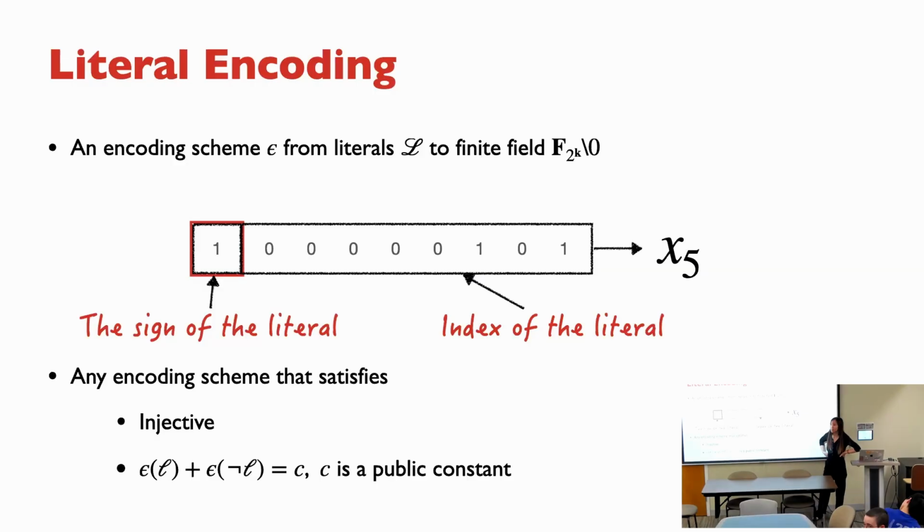So the sign here is whether or not you should apply a not gate, right? Yes. This is the encoding. The reason we have the sign of the literal as the highest bit is just to satisfy this relation.